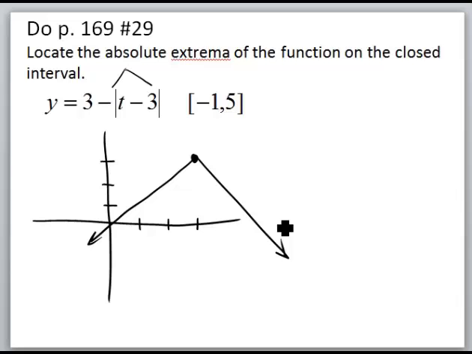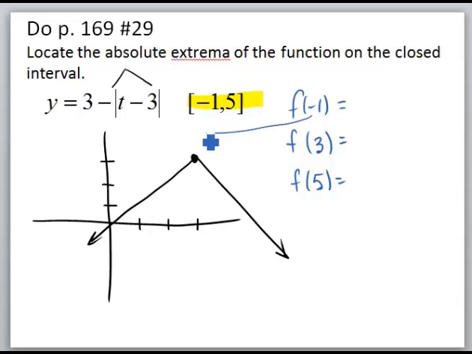Now remember, we're only concerned about this closed interval. So I'll be checking the endpoints of -1, and I'll be checking the endpoints of 5 for absolute maxes and mins. But I also need to check this value, which is 3. I can actually tell that there's a maximum right there at 3, and those other two have to be absolute minimums, but we'll go ahead and plug in those values.